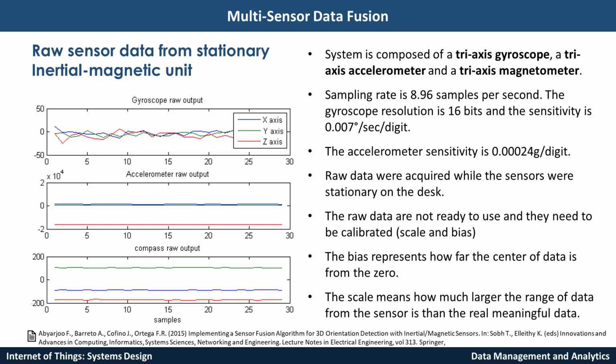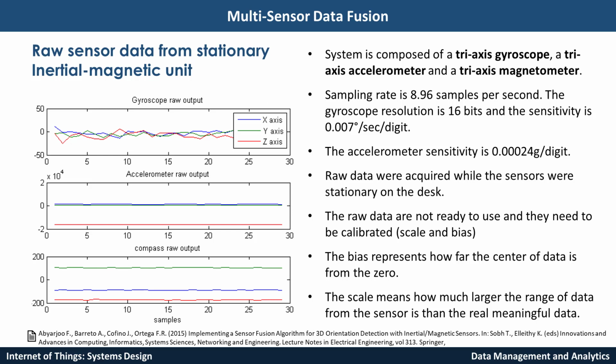You can find the details about their use case in this research paper, but the main steps and summary are as follows. Their sampling rate is 8.96 samples per second. The gyroscope resolution is 16-bit and the sensitivity is 0.007, and they have used an accelerometer with a sensitivity of 0.00024.